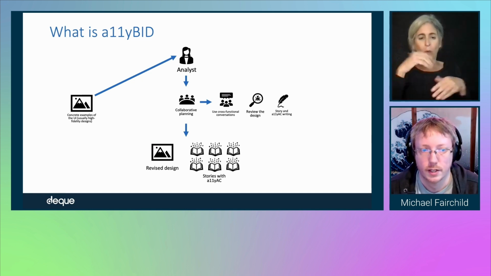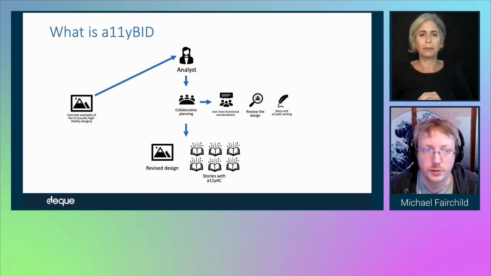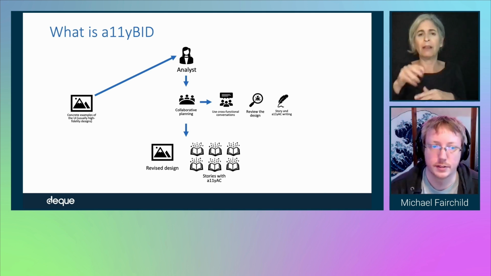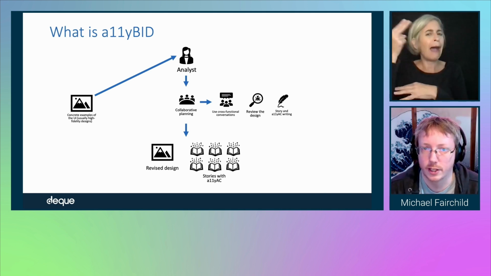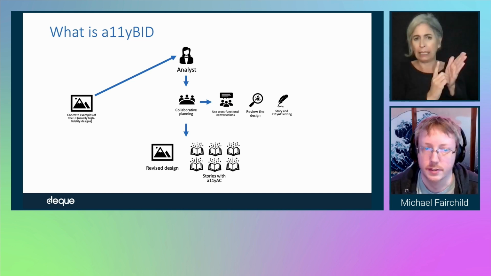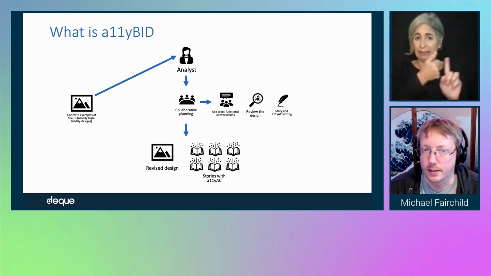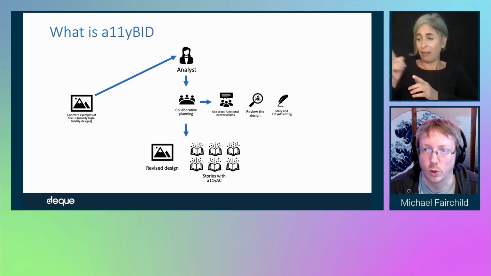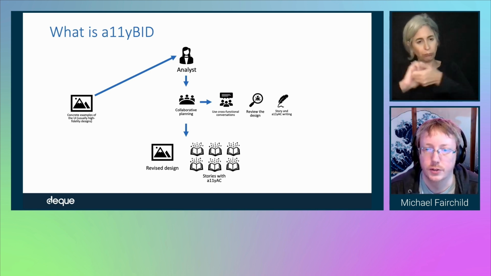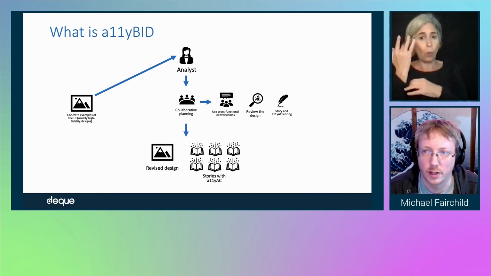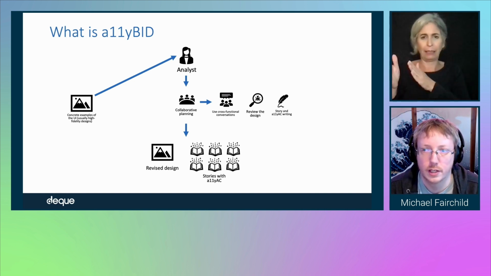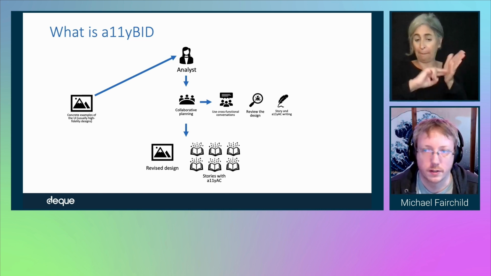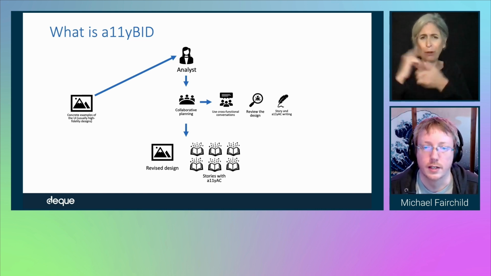So we have our concrete examples of the UI. These usually exist as a high fidelity design. That design is then handed off to the analyst. The analyst works with the rest of the team to do some collaborative planning around the design. What does that collaborative planning look like in practice?